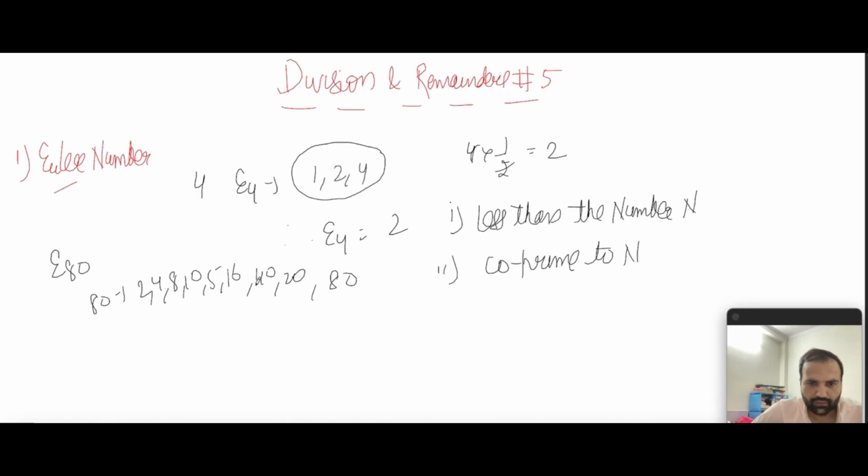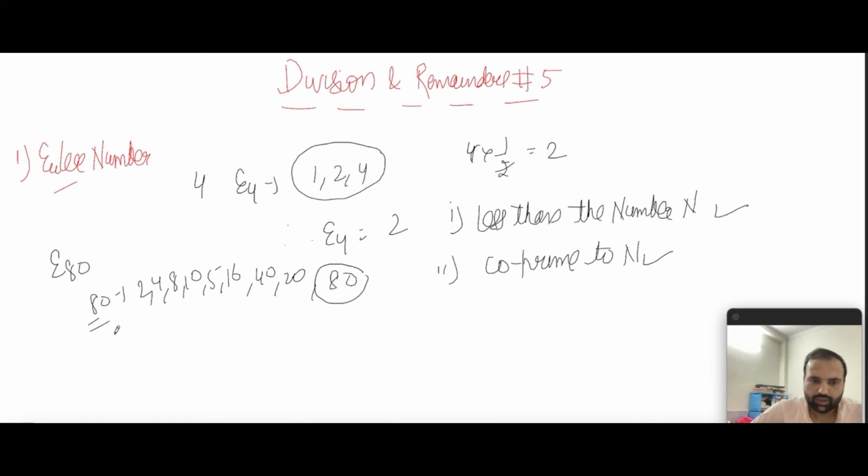Okay, so what do we need to find? We need to find the Euler number for 80. When I say we need to check the Euler number of 80, it basically means all the numbers that would be co-prime to 80 and that would be less than 80, less than and co-prime to the number.